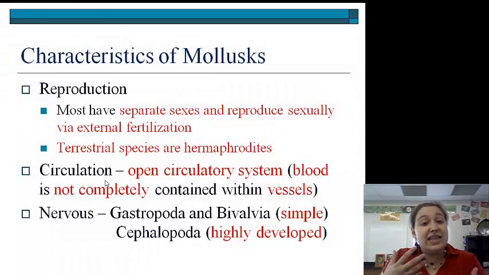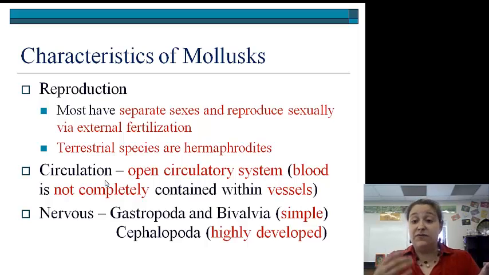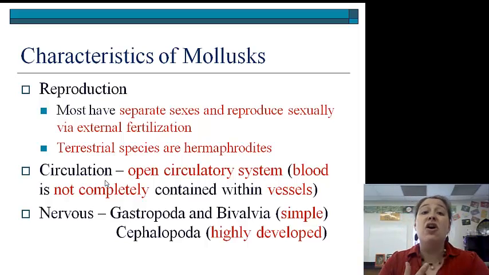Reproduction. They typically separate the sexes, so males and females, and reproduce sexually via external fertilization. So the females come and do their business over here, and then the males come and fertilize it over here, and so forth. Terrestrial species may be hermaphrodites, again having boy and girl parts in one body. They have an open circulatory system where blood is not completely contained in vessels.